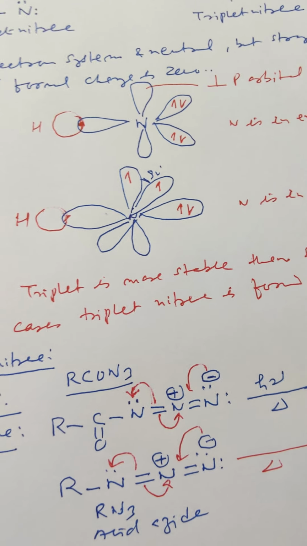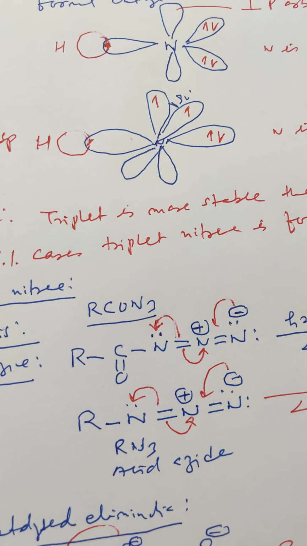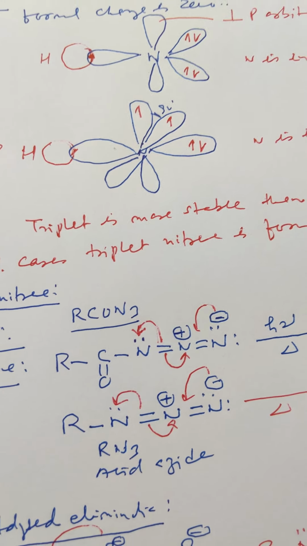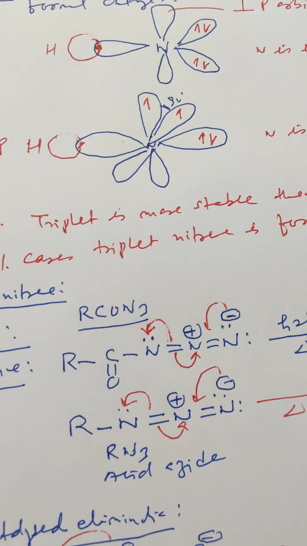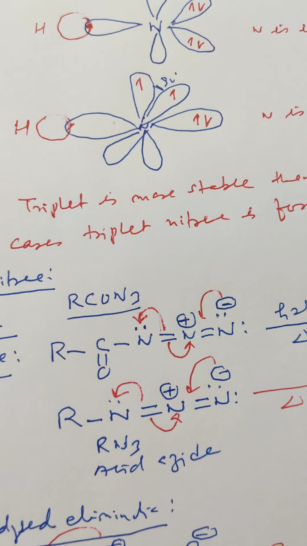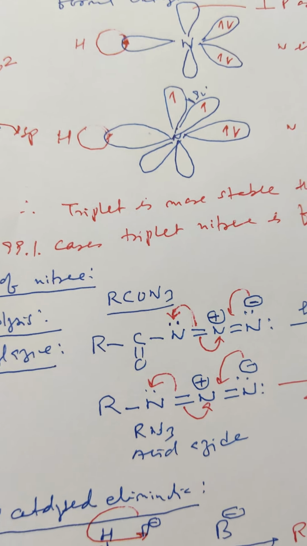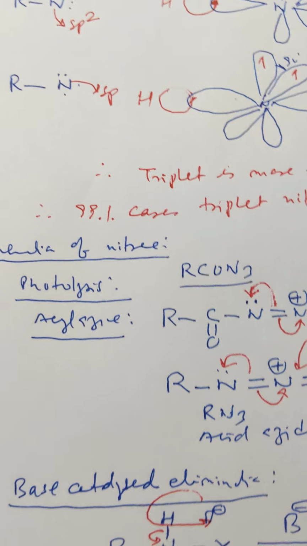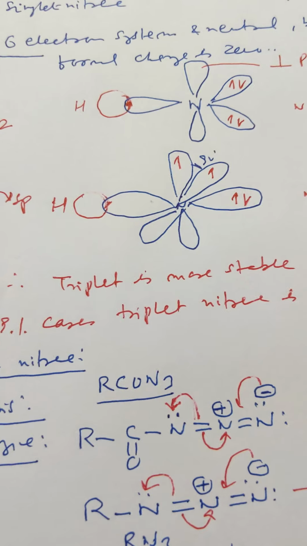See, we will take examples like Hofmann rearrangement, Curtius rearrangement, Lossen rearrangement. All these reactions are completed through formation of nitrenes. Not only these reactions, they also give insertion reactions, as carbenes were giving.